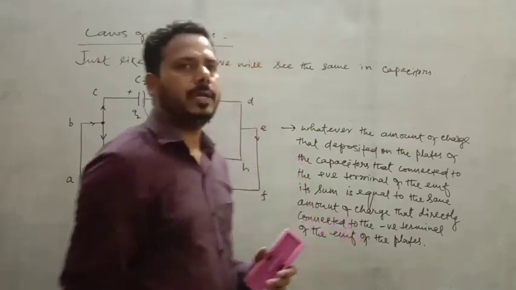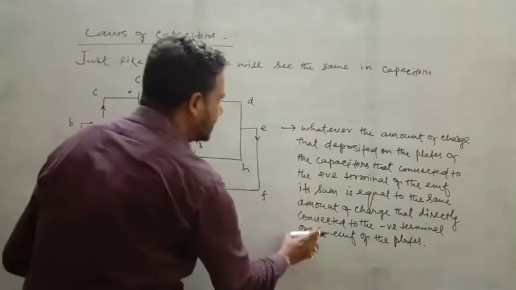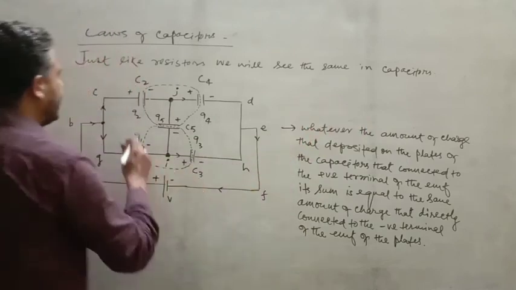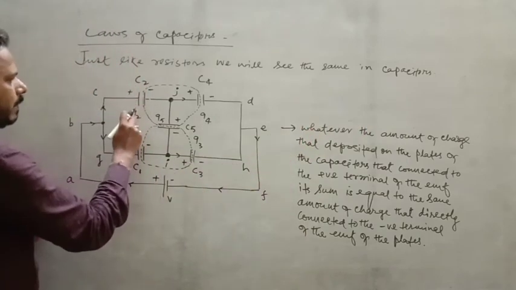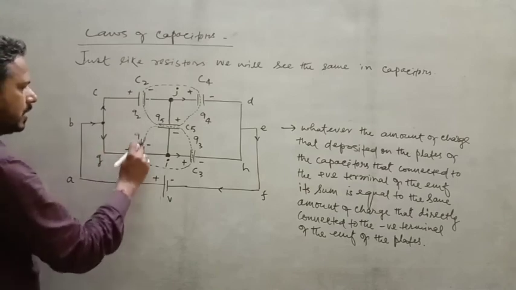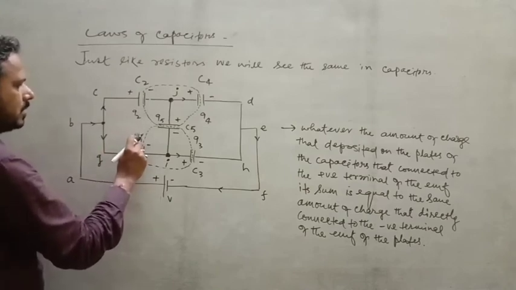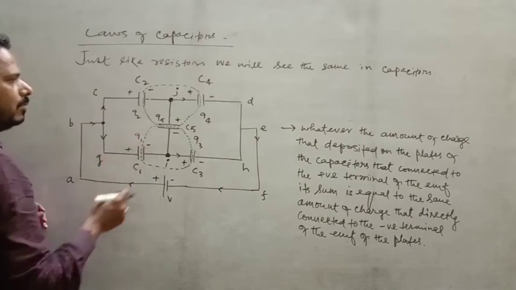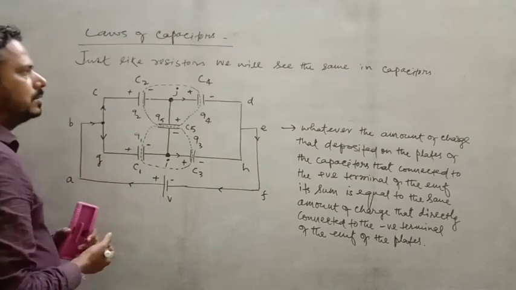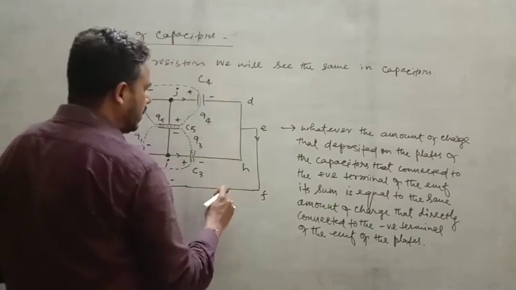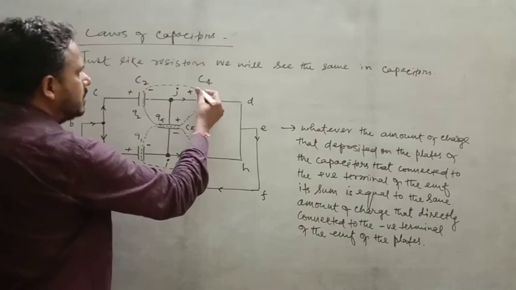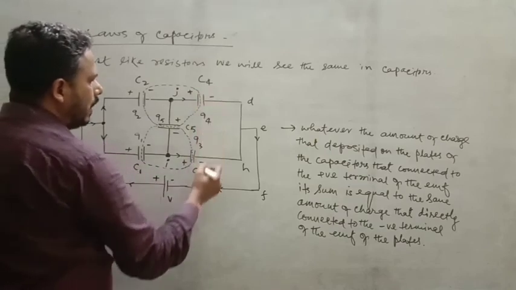Alright, so from this statement in the first law, the charge deposited here, plus Q2, and the charge deposited here, plus Q1, would be equal to the charge deposited here, Q4, and here, Q3.